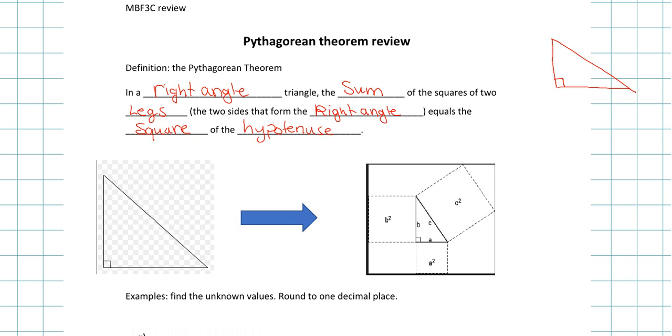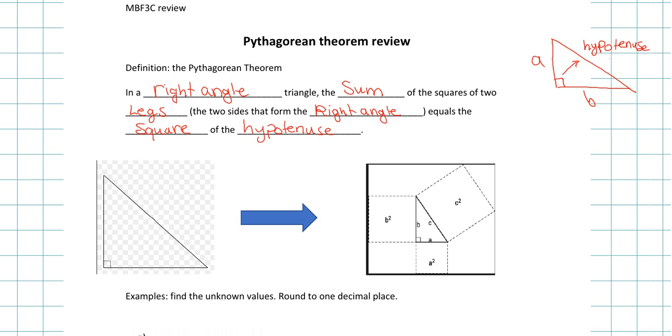These are the legs that form the right angle, so we call them A and B. And the third side is called the hypotenuse, and that side does not ever change. It's always the side that's across from the 90 degree angle. It's the longest side, the largest side in a triangle. And we call that side C.